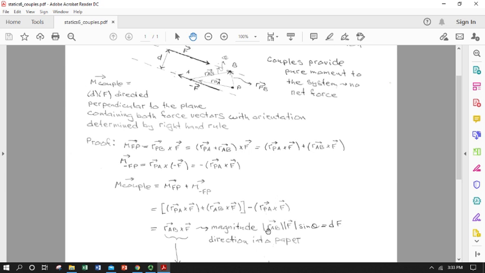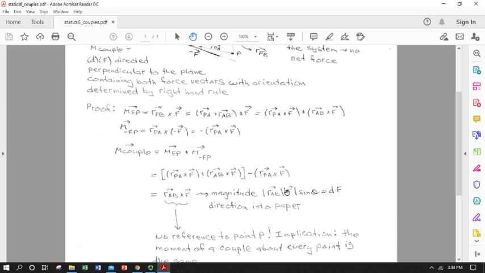So R A B here times sine theta here is D by definition. D is R A B times sine of this angle here, sine theta. So this was equal to the couple moment, and magnitude of F times D is the couple moment.